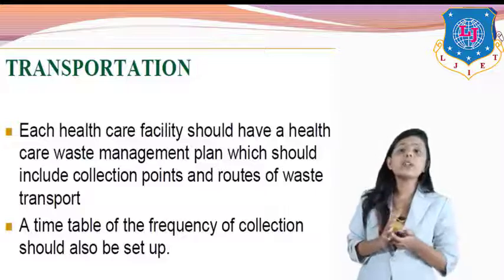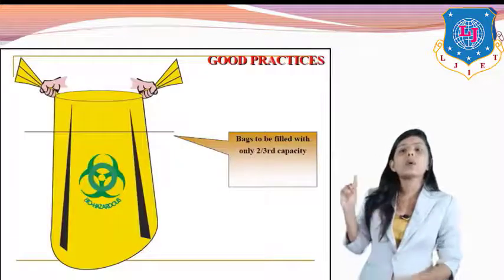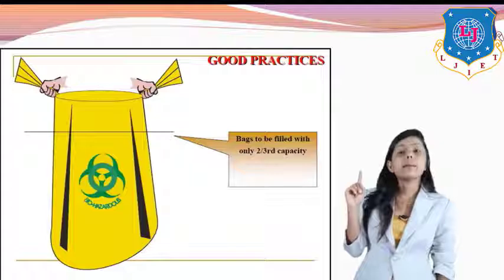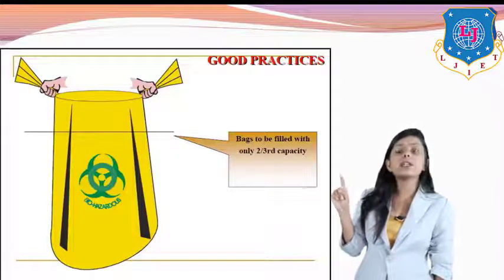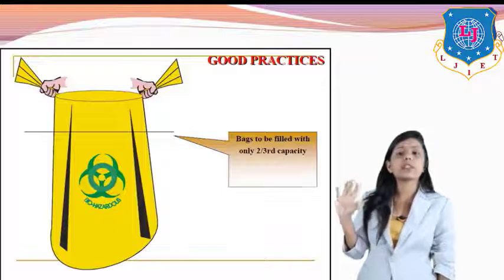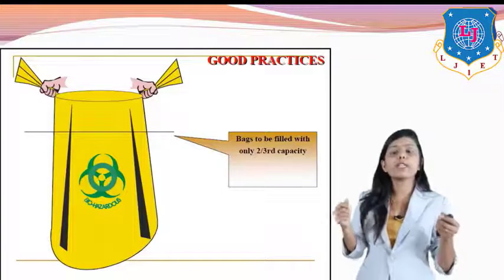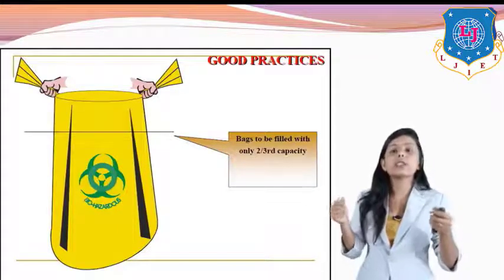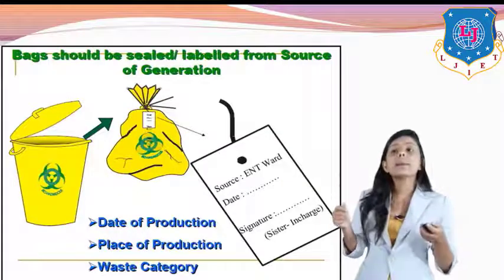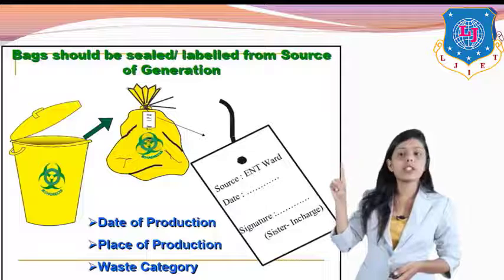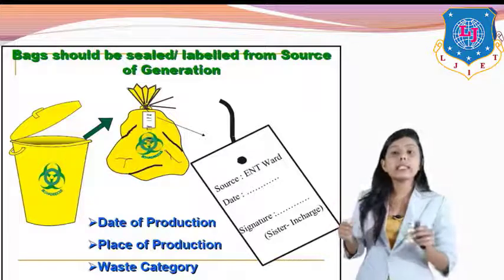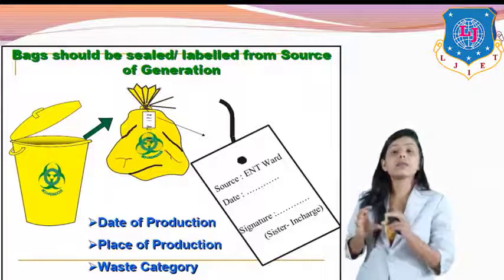Now, what is the good practice in management of waste? The bag should only be filled to 2/3 of its capacity. So don't fill the bag fully, only fill the bag till 2/3 capacity. Then the bag should be sealed and labeled at the source of generation, according to the waste.